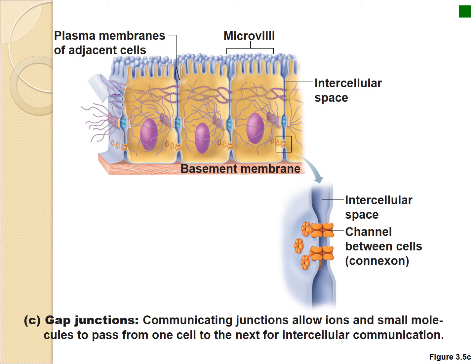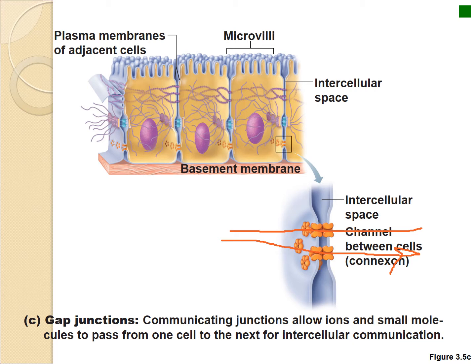And then there's the gap junction. The gap junction is not so much to weld cells together, but it allows things to pass from one cell to the other. Usually it's controlled. So this is called intercellular communication. A lot of times what happens is you have hormone type compounds that pass through.